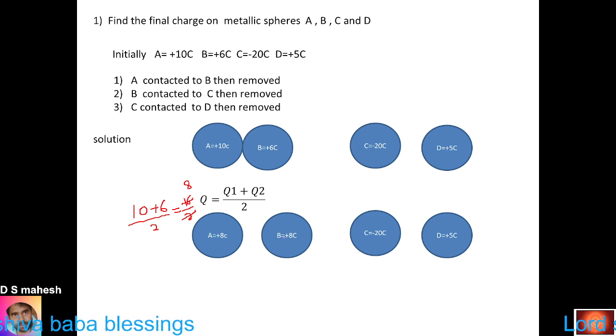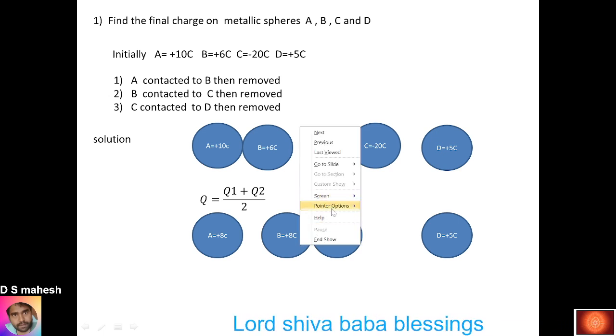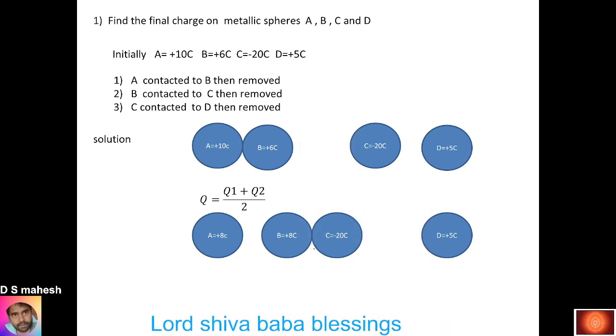Next, B is made to contact C. On B it is 8, on C it is minus 20.